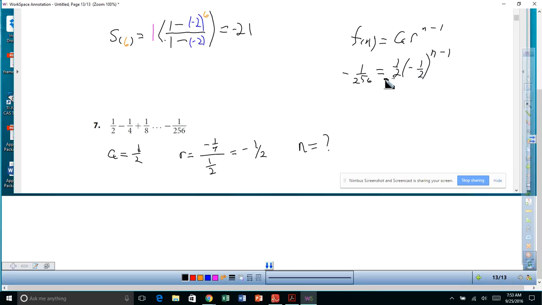What is n? I think first we're going to multiply everything by 2 so we can get rid of that 1/2. So this cancels out, and you're left with -1/2 to the n minus 1.